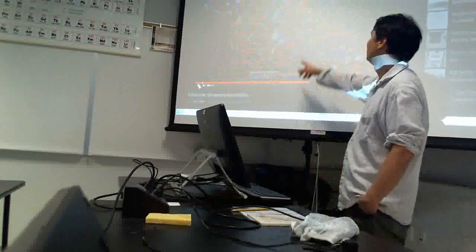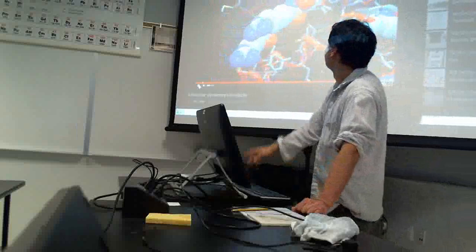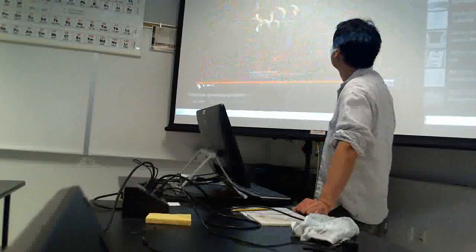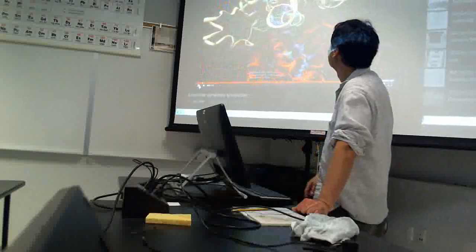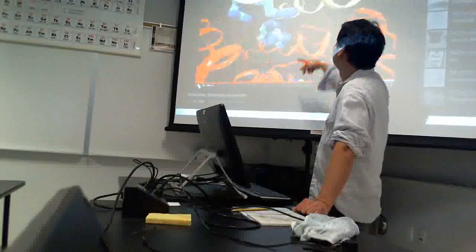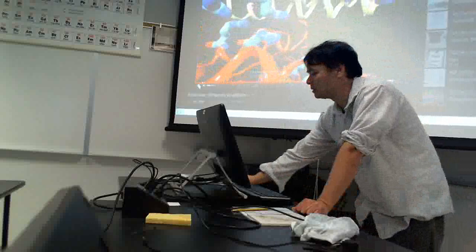This is some kind of anti-tumor agent, maybe. These are drugs. This is DNA. They're looking at how things might bind. This is another protein. Sometimes the structures form these ribbons, sheets of atoms.